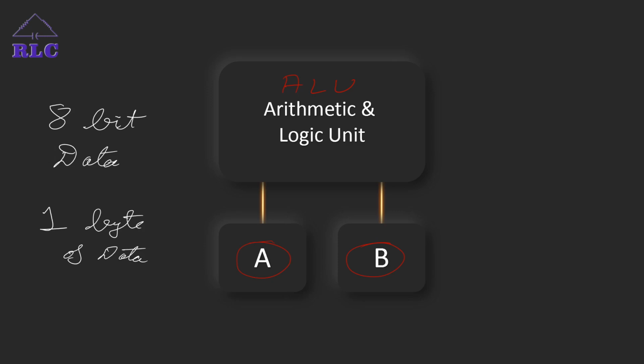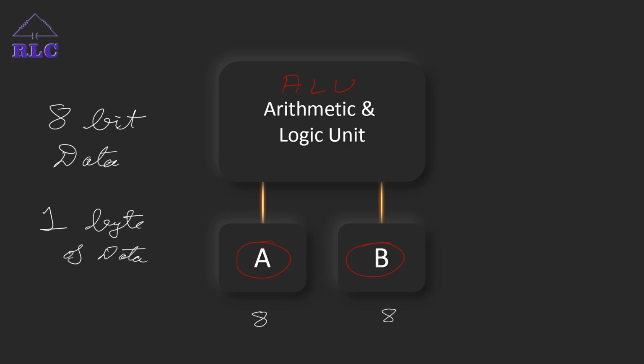One byte of data can be handled by the arithmetic and logic unit, and the A register can save 8 bits of data and the B register can save 8 bits of data. These registers will help in the arithmetic and logic functions of the ALU.